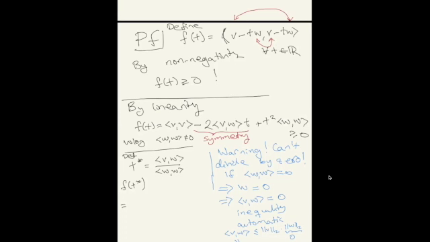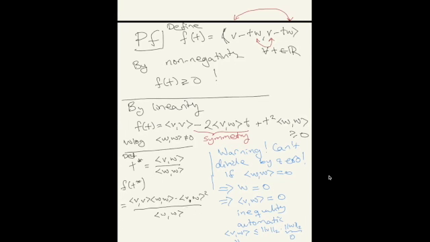If you merge those denominators and cancel out a term, then what you get is the inner product of v with v times w with w, minus the inner product of v with w squared, divided by the inner product of w with w.